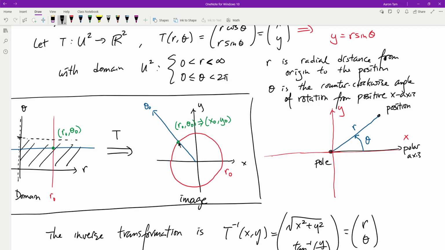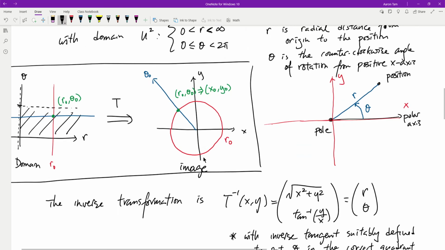Well, when this point starts to move, it will change r and theta, and therefore change x and y. So the question is, is there some way to actually account for the change? And of course there is, and when we try to account for the change, we are essentially trying to calculate derivatives.